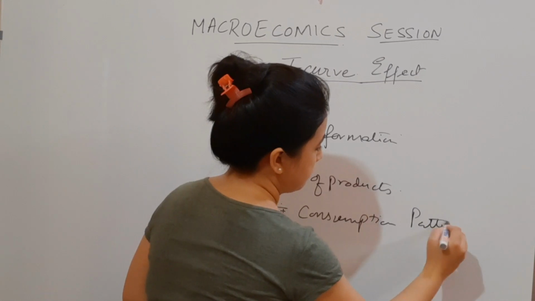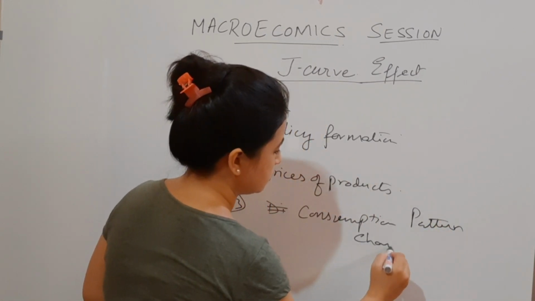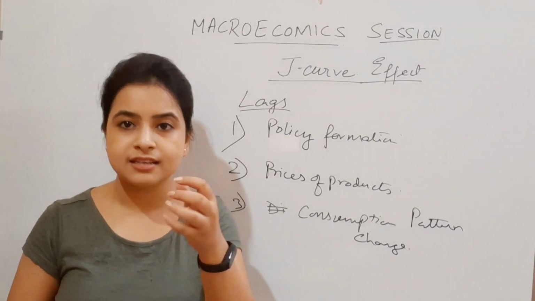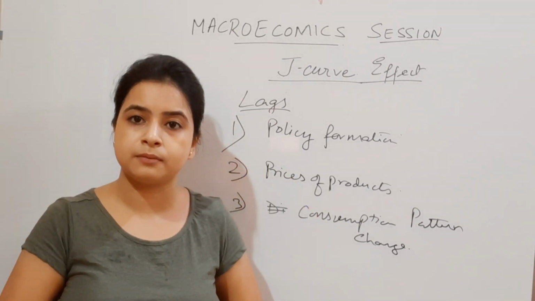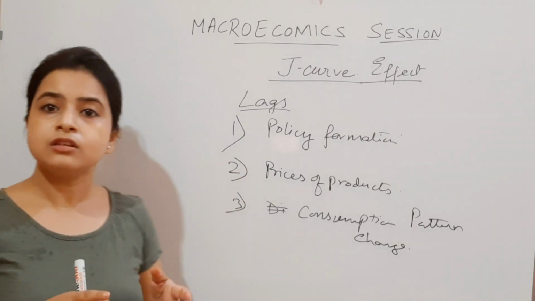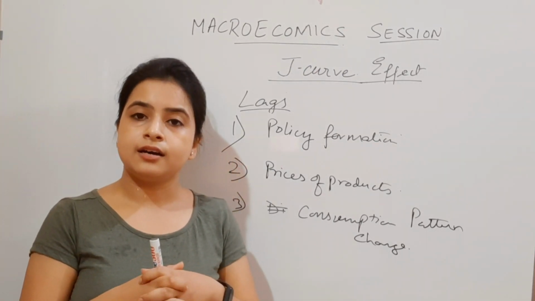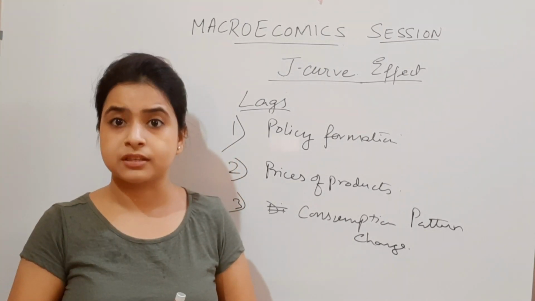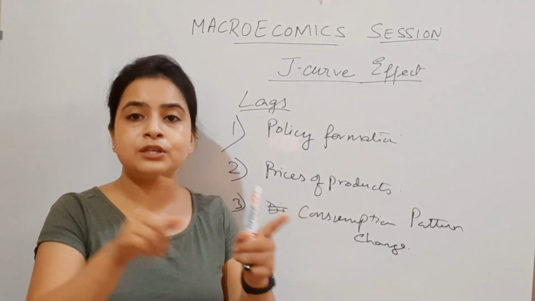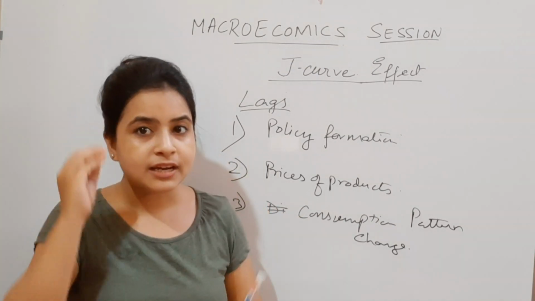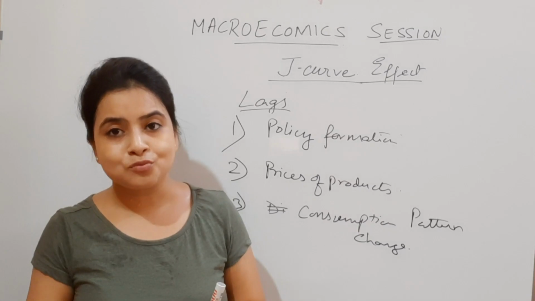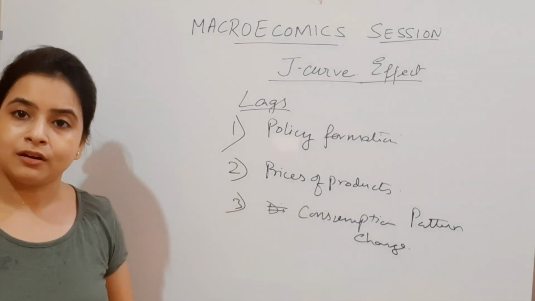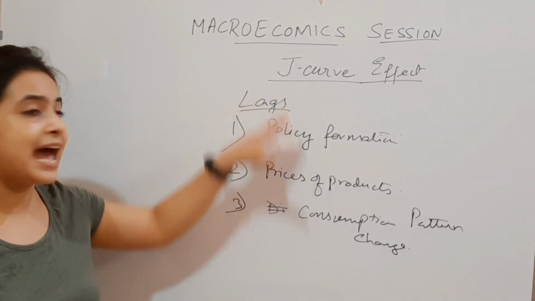Consumption pattern change will also take some time, because if there is a sudden decrease in the price of a particular commodity, the consumers of that commodity will not suddenly increase their consumption. It takes some time. The information has to be passed, the decision has to be made in the minds of the consumers, and only then will they come outside and buy this particular product. So this is what the lags are.